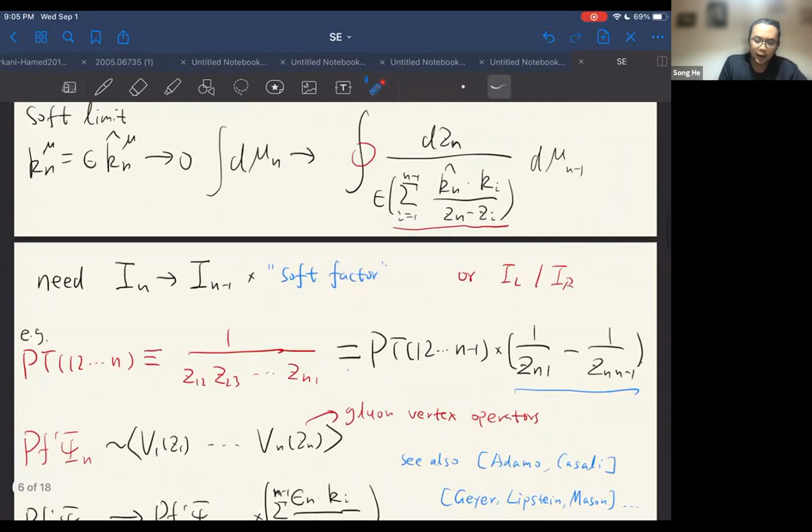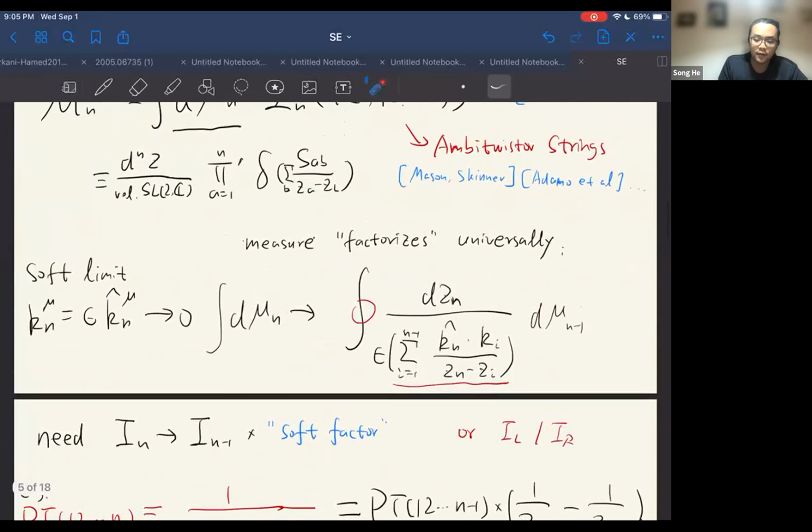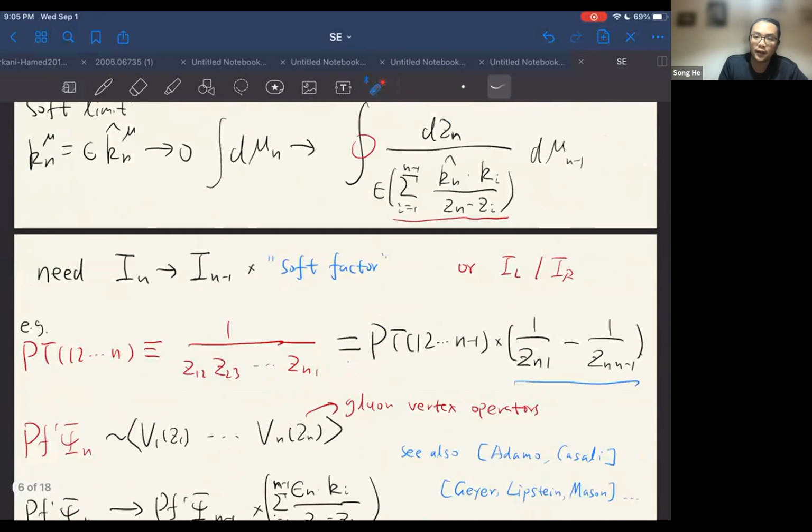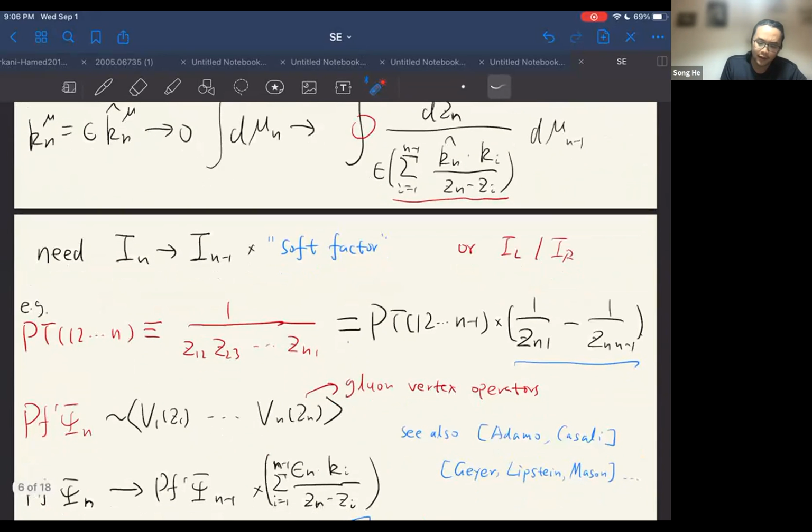And now, if you want to have some soft theorem for theories like gravity, Yang-Mills, and so on, you need your CHY integrand, or actually each of the correlators, I_L or I_R, to behave like that, to also factorize into the (n-1)-particle integrand times a soft factor. And this is nicely the case for essentially all the half-integrands we studied.